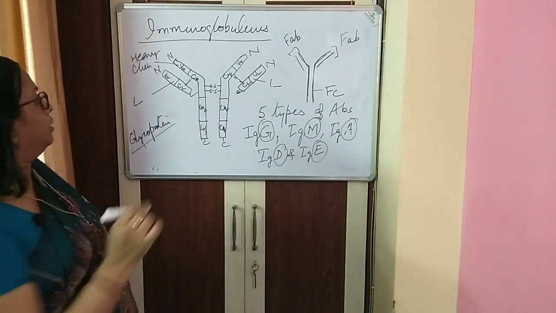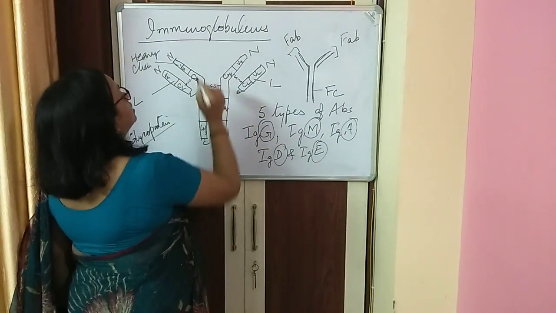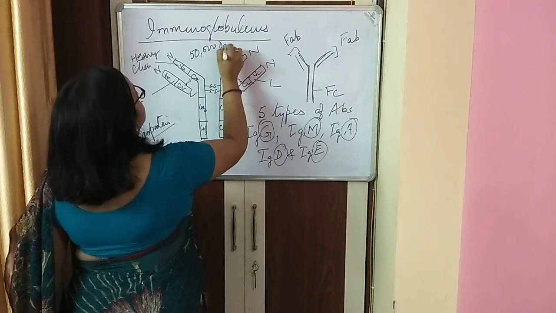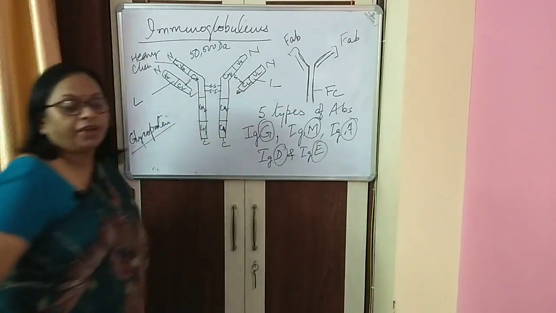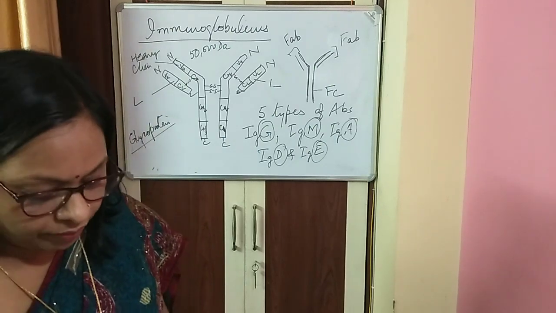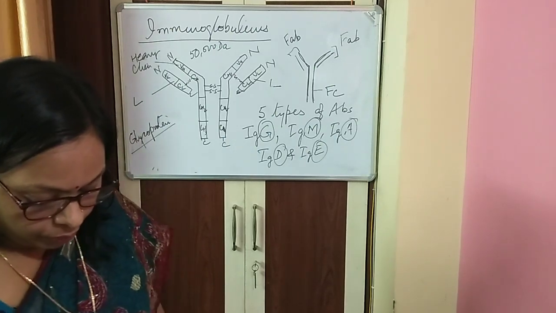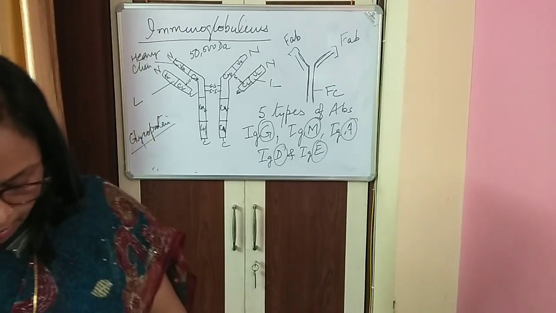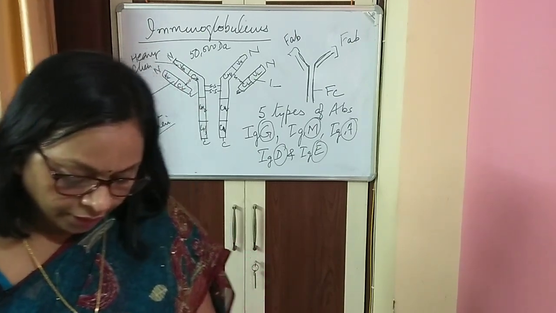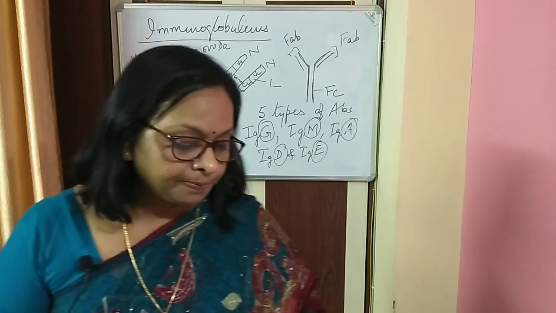The heavy chain is 50,000 Daltons and the light chains are 25,000 Daltons each. That makes the molecular weight of the immunoglobulin.